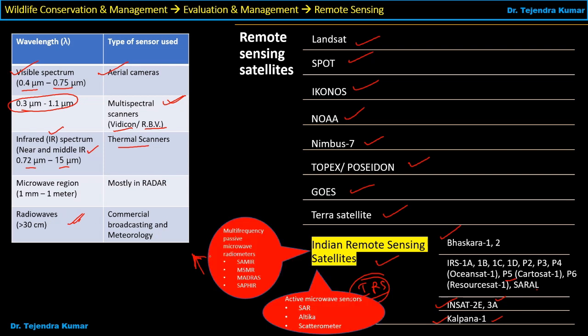Now see the multi-frequency passive microwave radiometers, and these are the Samir, MSMR, Madras, Safir, and active microwave sensors like the SAR, Altimeter, scatterometer. So these are also used in these Indian remote sensing satellites.